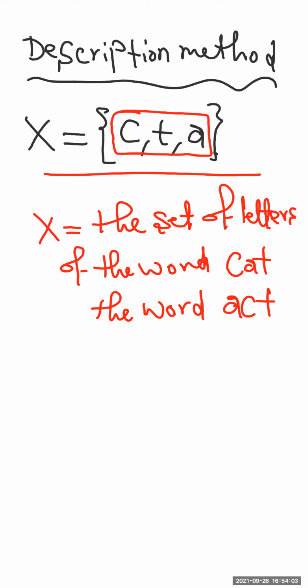This is correct. There is another answer. You can say it's the letters of the word act. So this one is also correct. Both answers are correct, and of course one answer is enough. If you just write it's the letters of the word cat, that's correct. Otherwise, if you just write it's the letters of the word act, this is also correct 100%.